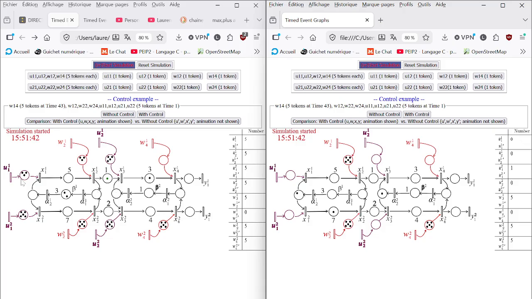Obviously, without control, you fire immediately you here, then you deal with the higher priority system. Here, we don't deal with this because we know that there's no token here, and then we optimally delay the firing of this transition and this transition in order to leave the occasion and to take the advantage of the availability of the resource to manage with lower priority system.